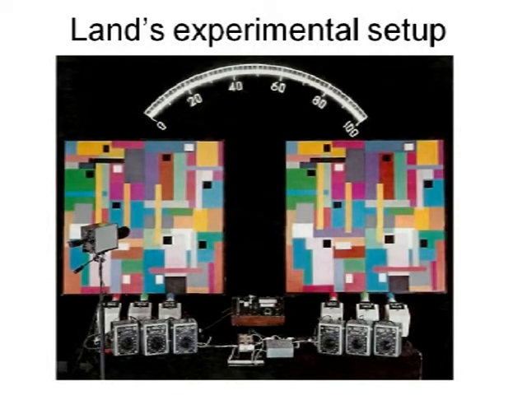The experimental setup of Land consisted of 2 identical colored targets. Each target was illuminated by its own 3 illuminators, red, green, and blue, with intensity which could be adjusted at will.